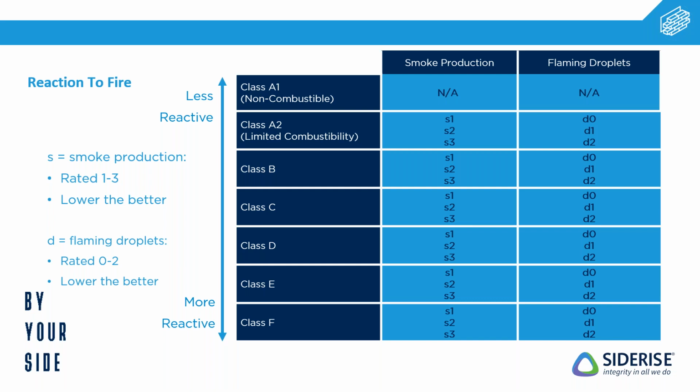Smoke emissions or production is always defined as the letter S, and can be rated from 1, which is little or no smoke, to 2, and then 3, which is obviously the most amount of smoke. You then also have flaming droplets, which is denoted by the letter D, and that rates from 0, obviously being no droplets, all the way to 2.